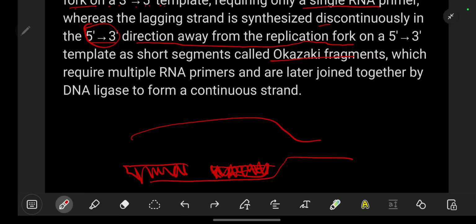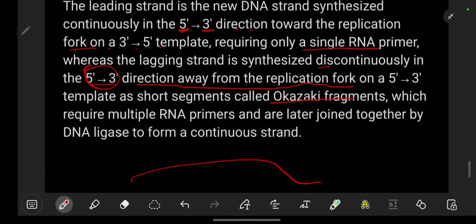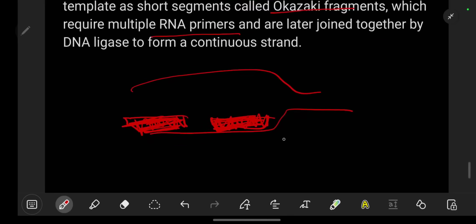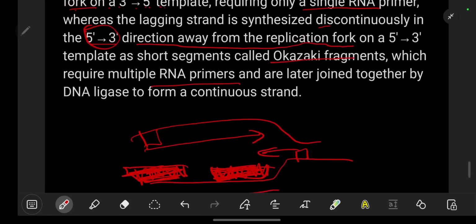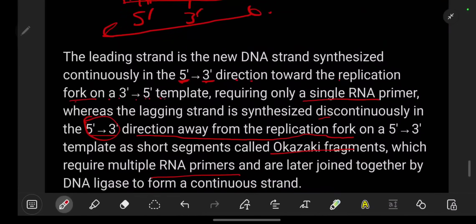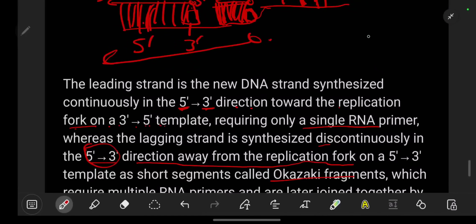This is what we are going to call the Okazaki fragments. So that is that. So this requires multiple primers. You need to put one here, you put another one, it continues. But for this one, it is just continuous. So take note of the terms. Leading strand is continuous, while lagging strand is discontinuous. So that's that on leading and lagging strand.